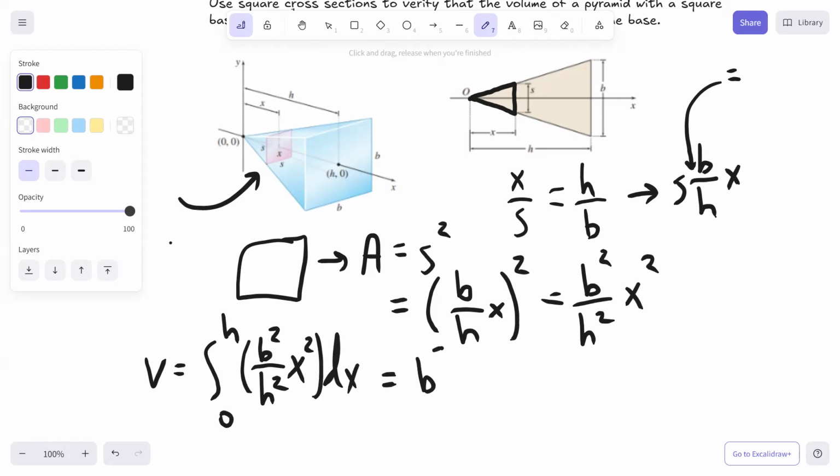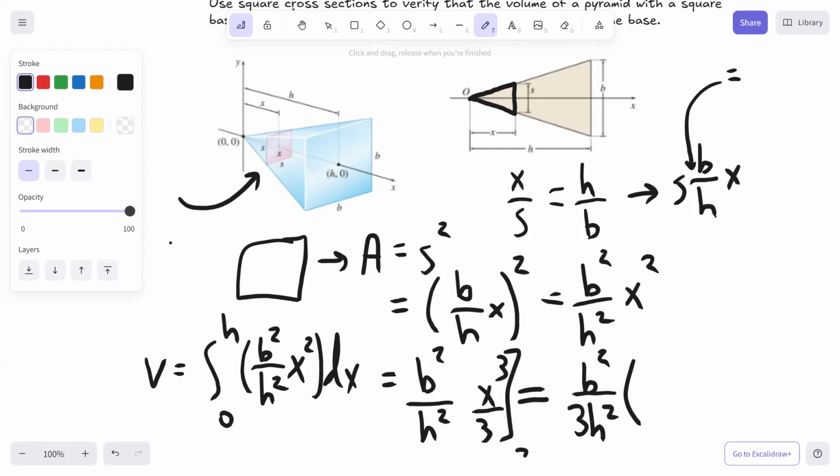We can factor the b squared over h squared out. Anti-differentiating x squared gives us x cubed over 3. So if I take all the constants together, I would have b squared over 3h squared, and then evaluate x cubed from 0 to h.